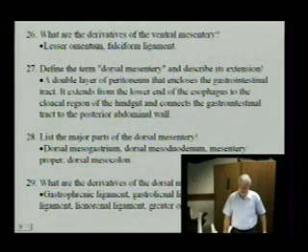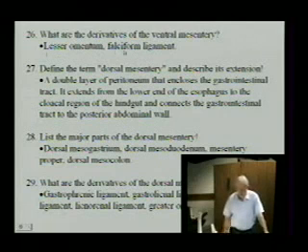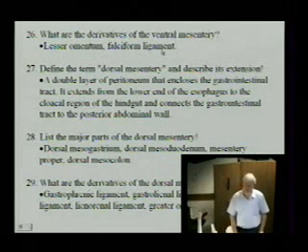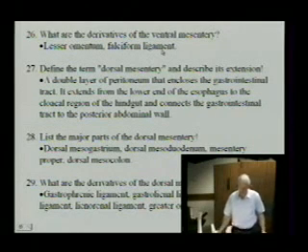The lesser omentum between the lesser curvature of the stomach and the liver is a prime example, and the falciform ligament that suspends the liver on the anterior body wall. Structures grow out into the ventral mesentery, as we will see in the upcoming lecture, to develop into the liver and a few other things.